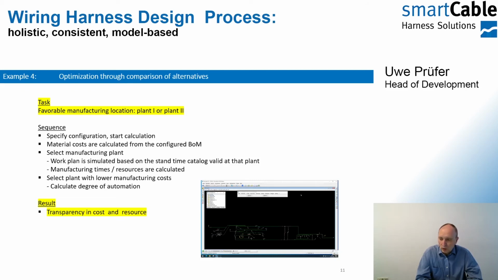The material costs are calculated from a configured BOM. For the manufacturing time, we run a work planning simulation based on a standard time catalog, which is valid for the specified plant with specified resources, and we also calculate the degree of automation.